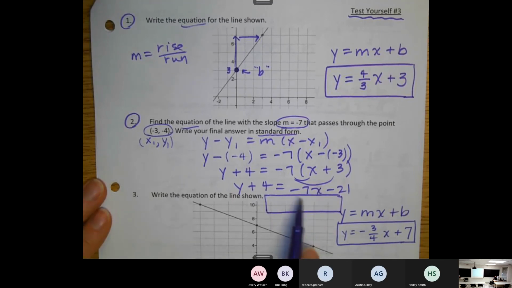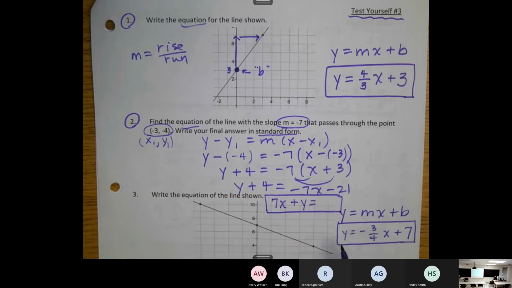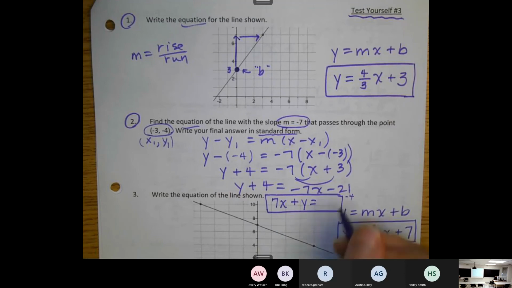When I move that negative 7x over to the left side, it turns out positive. And then we'll add on the y that's already over on the left-hand side. When I move that 4 over to the right-hand side, it's going to be a minus. So we'll end up with 7x plus y equals negative 25.